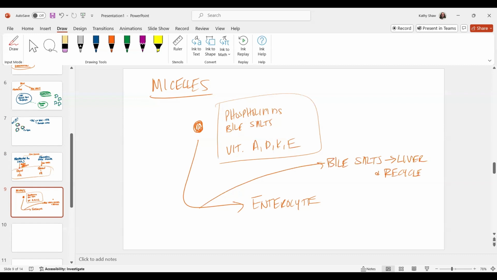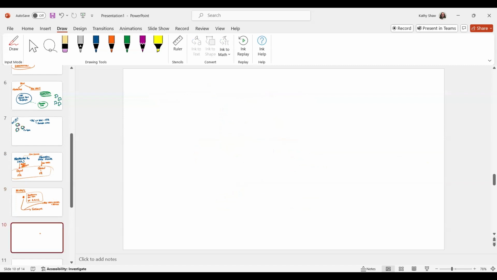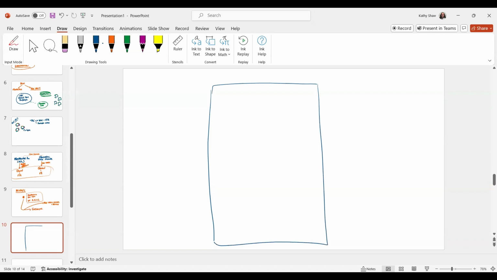So let's do what we've been doing all along and draw our little enterocyte and talk about what happens where. I don't know if we have a color theme with our enterocyte. I think we did blue. So we have our enterocyte. And we have some stuff.